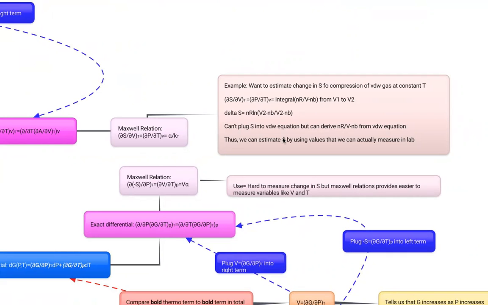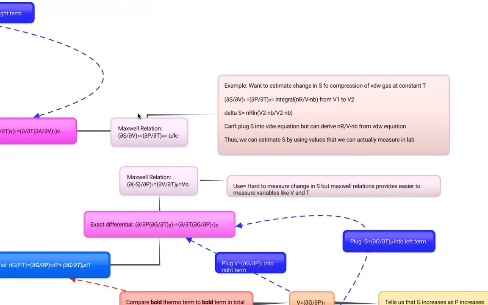So you have some flask and you are compressing it to a lower volume at a constant temperature. Entropy is really hard to measure in a lab. But from the Maxwell relation that we found, we can see that the change in entropy as volume changes at constant temperature is equal to the change in pressure as temperature changes at constant volume.